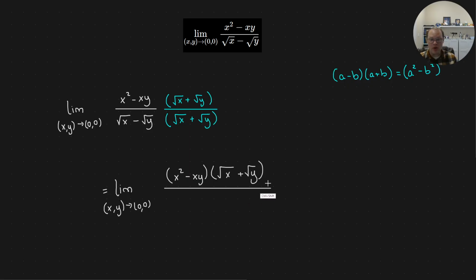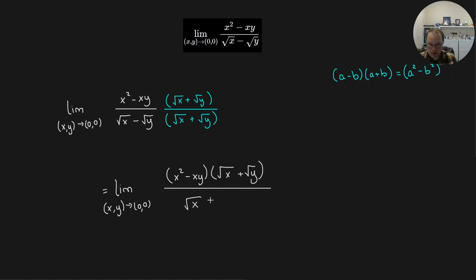My denominator, though, I do have a good reason for multiplying these two together. It's the whole reason why I'm multiplying by this in the first place, because I know when I multiply them, I'll get a difference of squares, and I'll be able to get rid of the square roots. These will multiply to be a difference of squares.